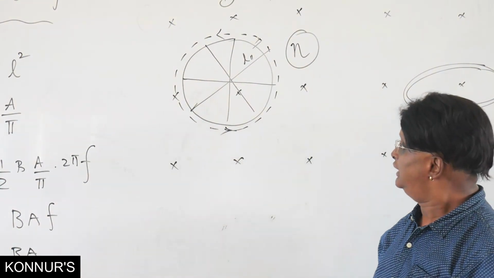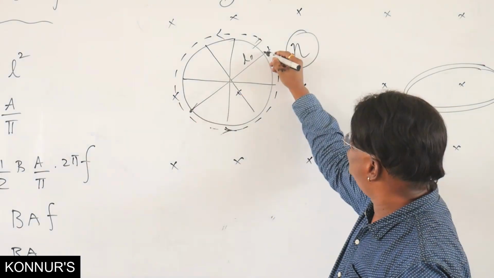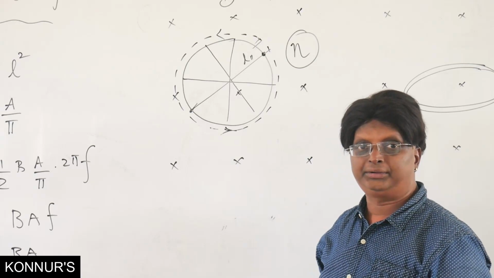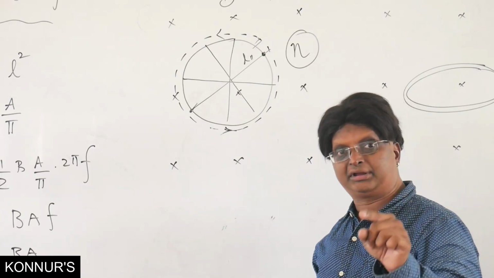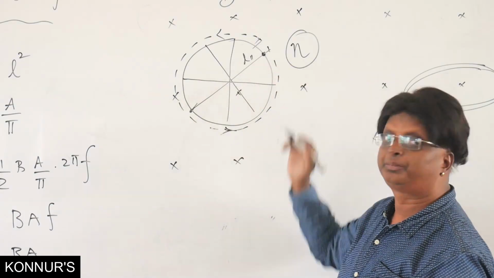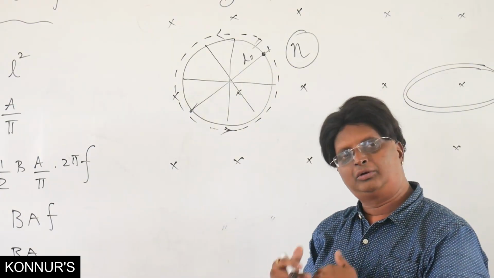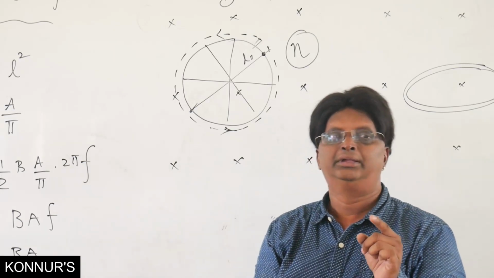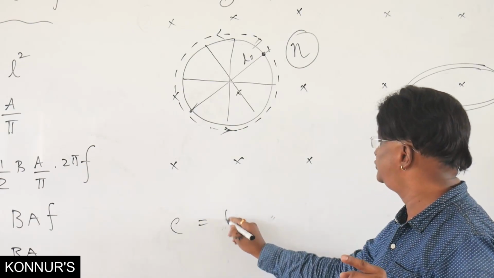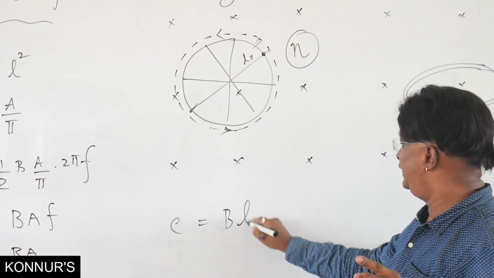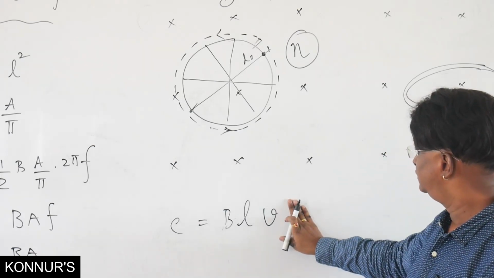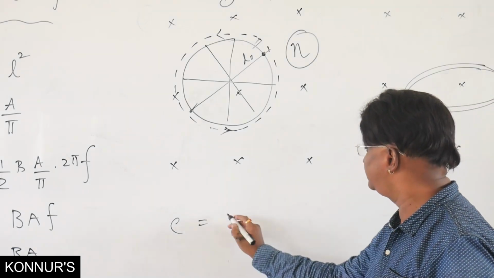Then what happens if you consider any two diametrically opposite ends? This is nothing but a large number of straight conductors in a parallel combination. Each and every spoke is now acting as a voltage source, which gives rise to E is equal to B L v. We already did it, and what was our answer?